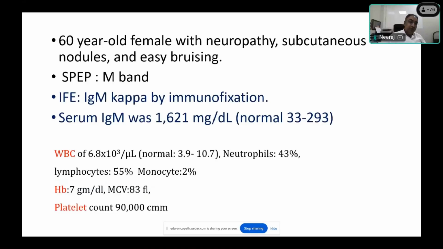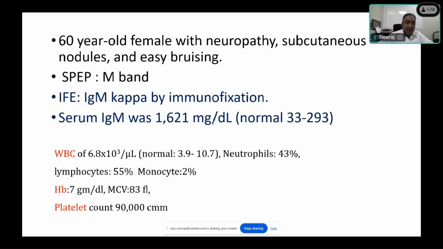Most of the plasma cell neoplasms we deal with are of IgG, except IgM, and Prashant highlighted IgM MGUS. But in most places you have IgG. But here we had IgM kappa.